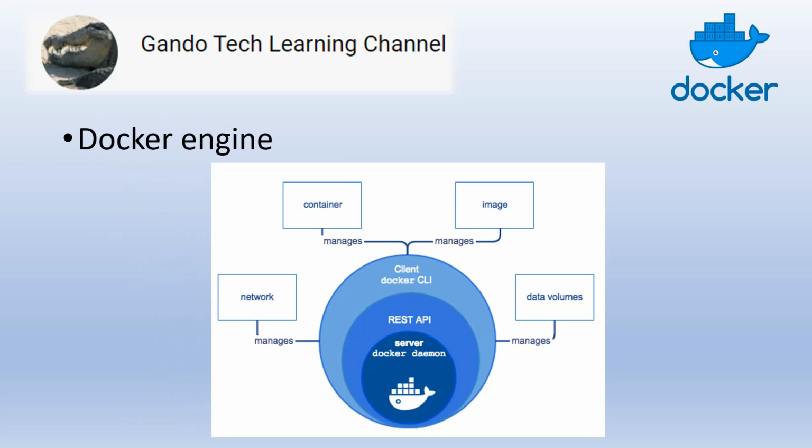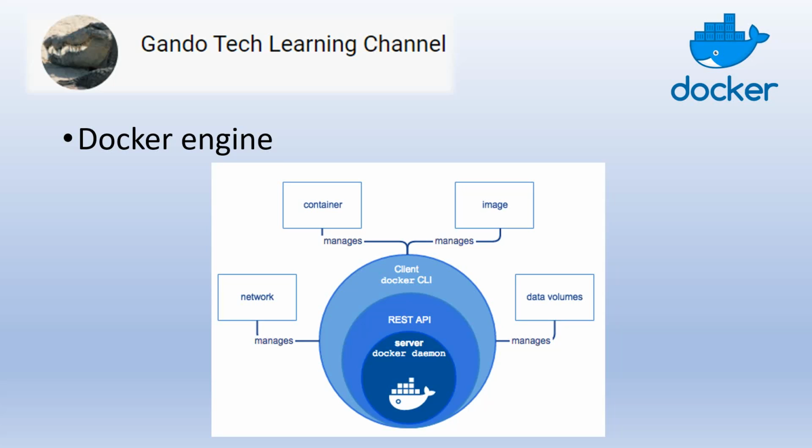The other thing we're going to discuss is the Docker engine. As you can see in the screenshot, the whole concept of Docker has the core box, which has three stages. One is the Docker daemon, the other one is the REST API, and the other one is the client, the Docker CLI.